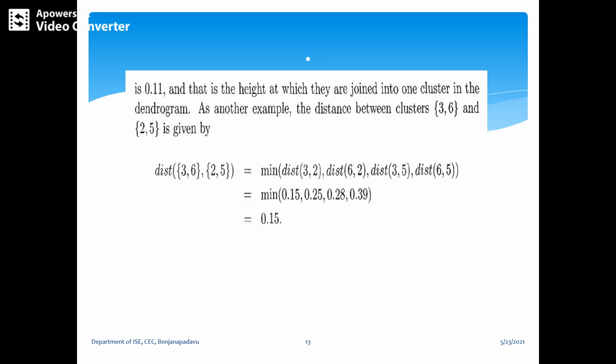As another example, consider the distance between the clusters {3, 6} and {2, 5}.